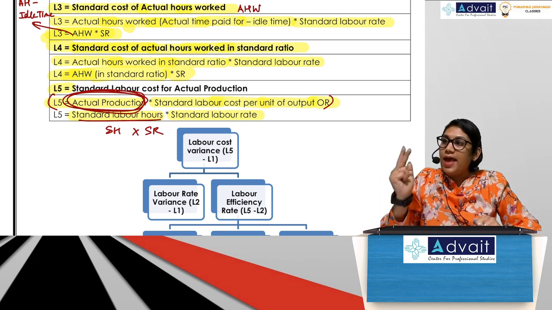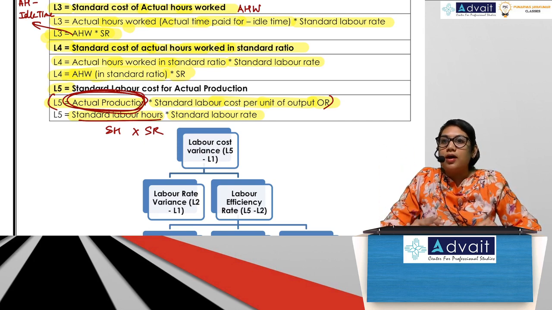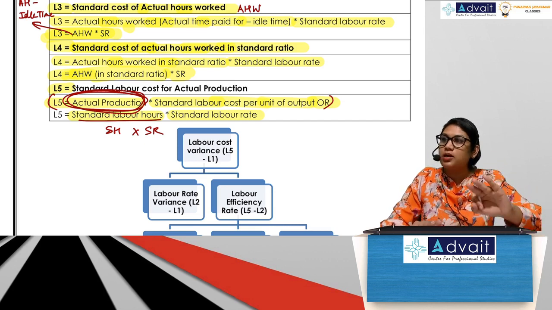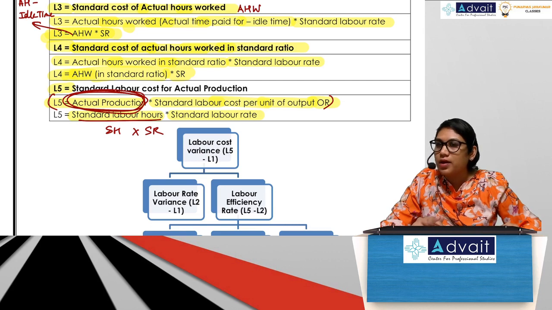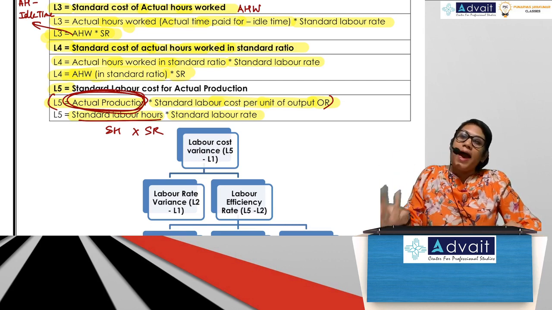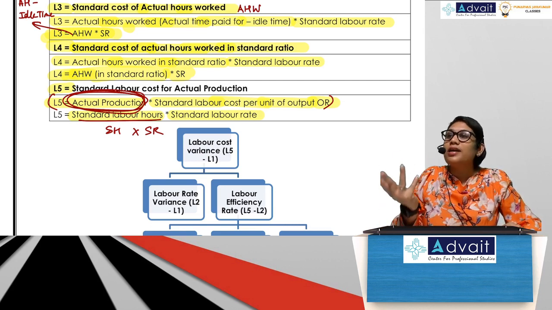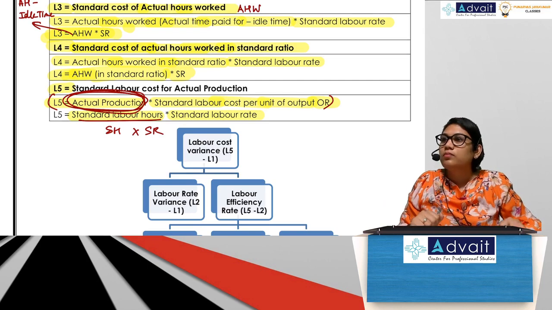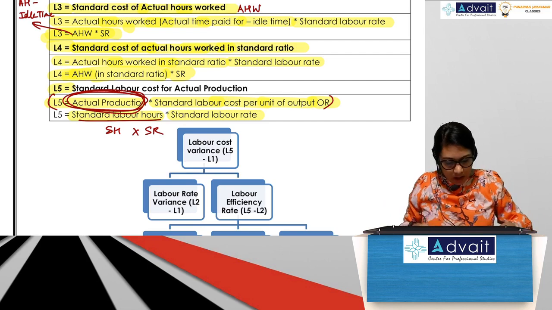Correct? L4 was AHW in standard ratio into SR. Correct? And the last one, actual production into standard labor cost per unit of output. If that is not there, SH into SR. Okay, now how do you calculate?